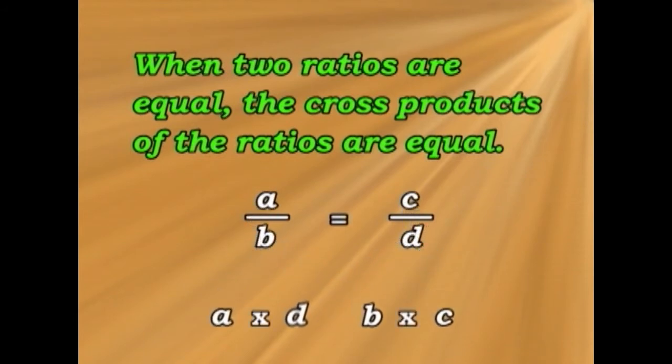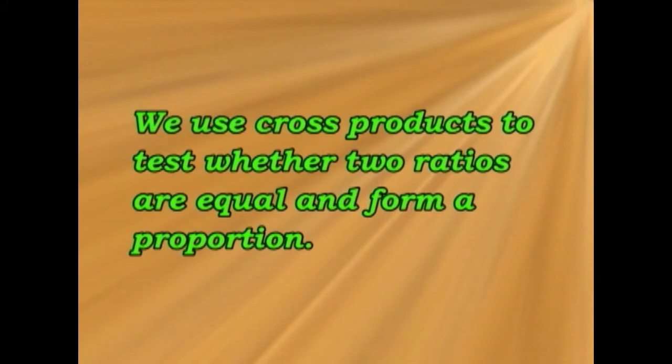So A multiplied by D is the same as B multiplied by C. And we write it like this: A over B equals C over D, so A times D equals B times C. We use cross products to test whether two ratios are equal and form a proportion.